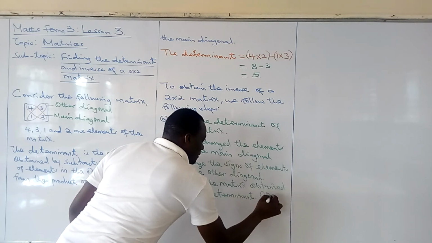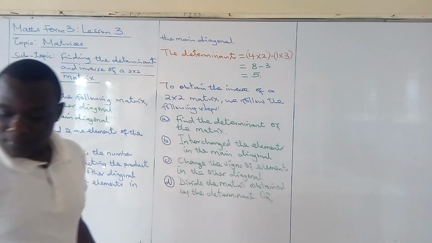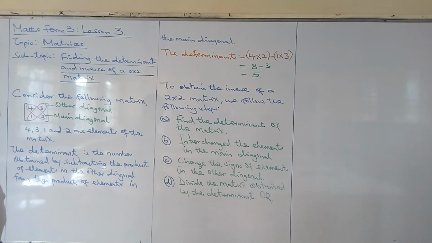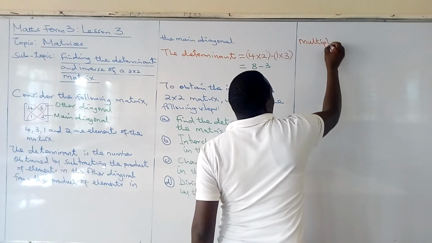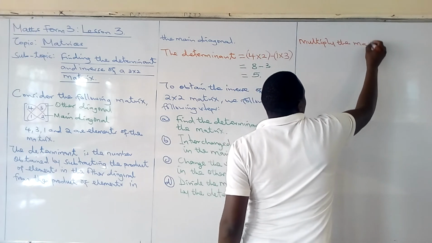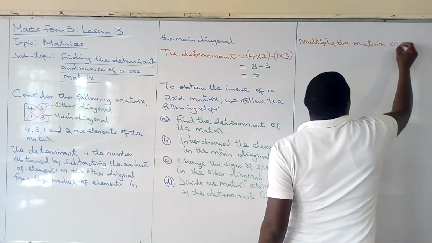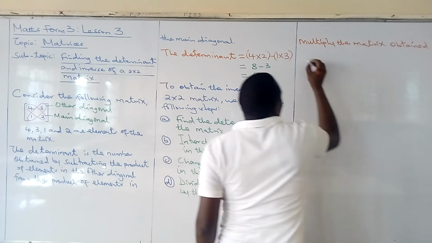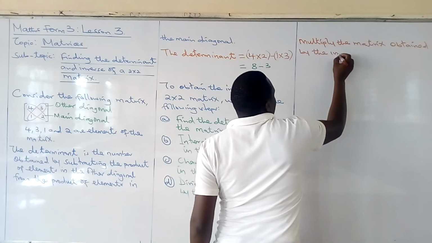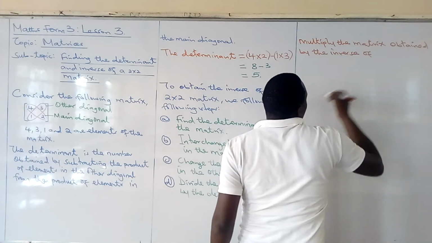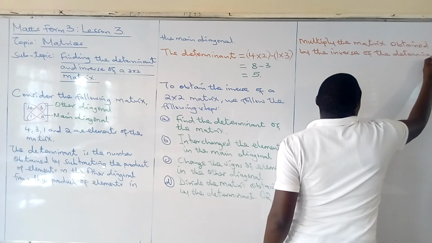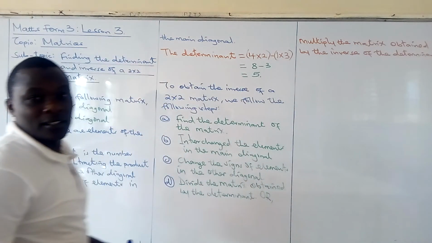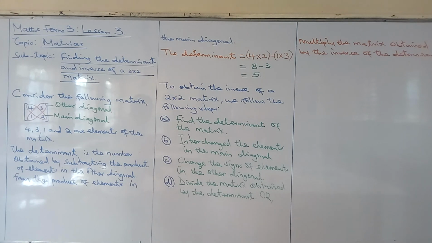Or, an alternative of that, we can say multiply the matrix obtained by the inverse of the determinant. Find the inverse of the determinant.